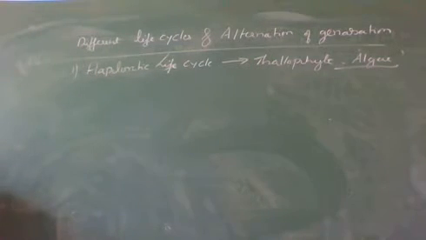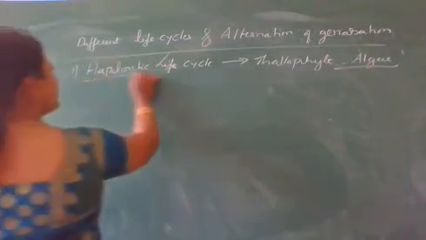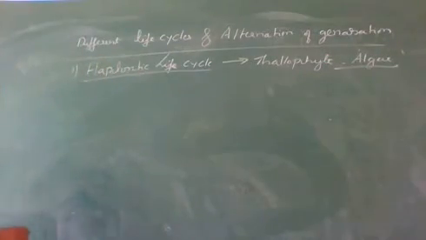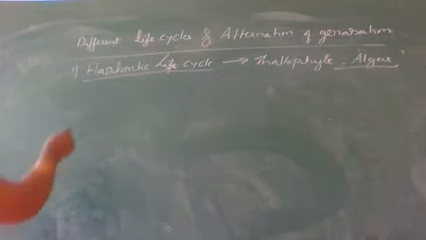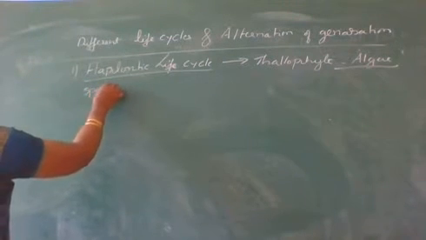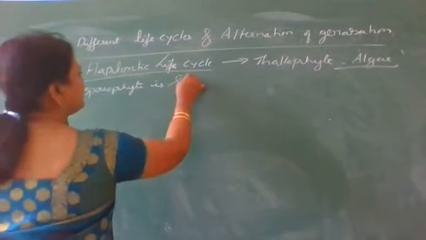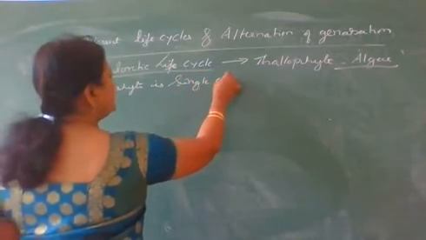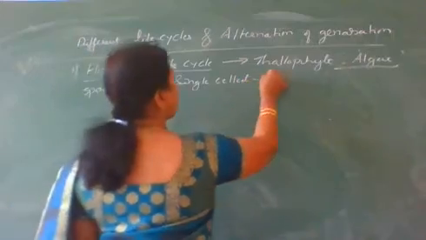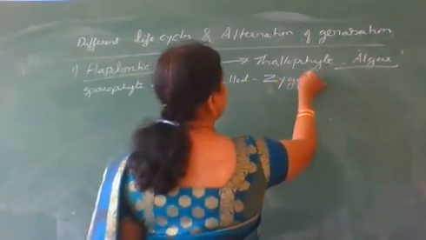Now, in case of haplontic life cycle, the sporophytic generation is single celled. The sporophytic generation is what here? The sporophyte is a single cell. Single cell, that is represented as what? That is the zygote.